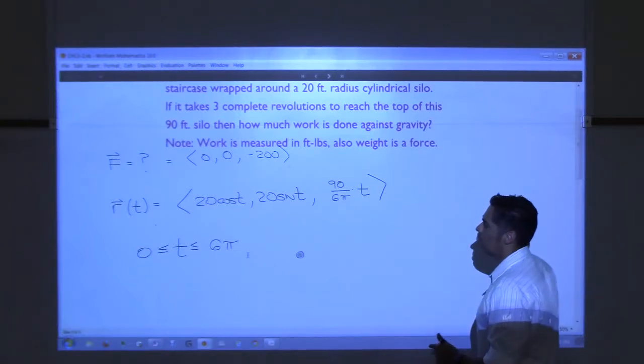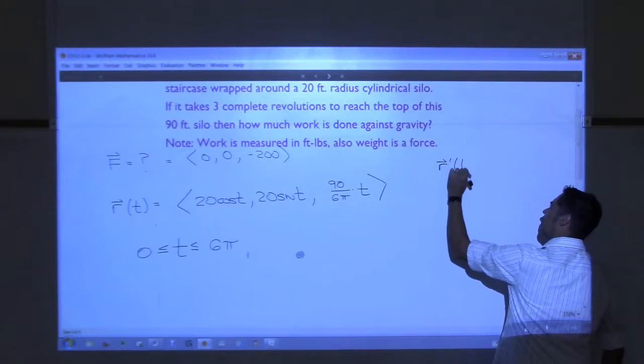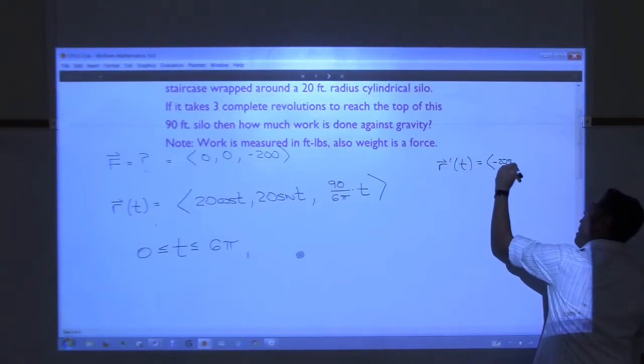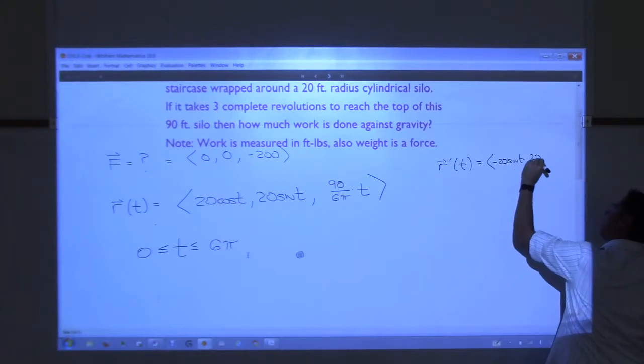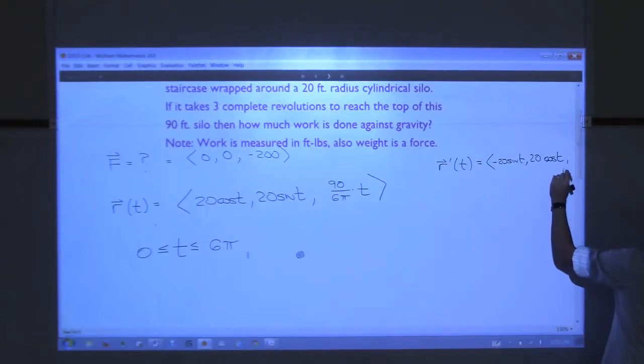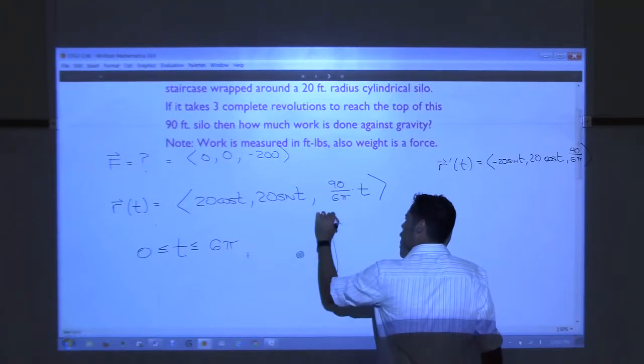Right? So let's go ahead and take our derivative so we have it. The derivative of that is negative 20 sine t, 20 cosine t, and then a constant, right? 90 over 6 pi. All right, we should have an integral. It should go from 0 to 6 pi.